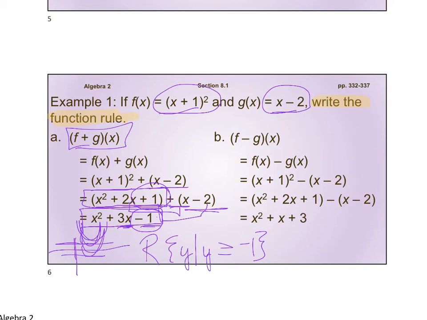All right, f minus g of x. That's f of x minus g of x. So we have f of x and g of x, just like the previous one, except for now we have a subtraction. The thing is, and you have to be really careful of this, the negative has to distribute to both of these. So it's going to become a minus x plus 2.